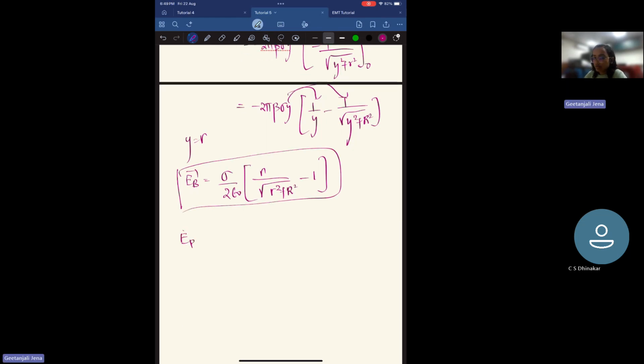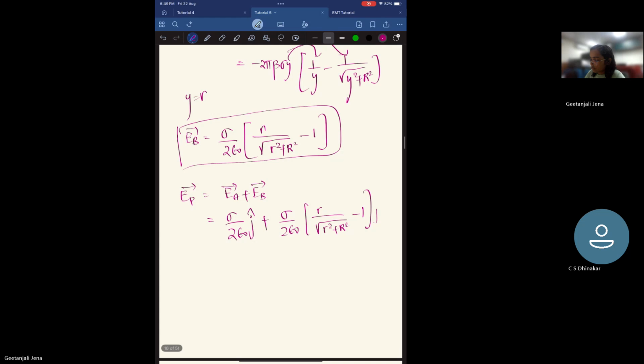So EP will be EA plus EB. Sigma by 2 epsilon naught, plus... so the answer will be sigma by 2 epsilon naught R by square root R square.